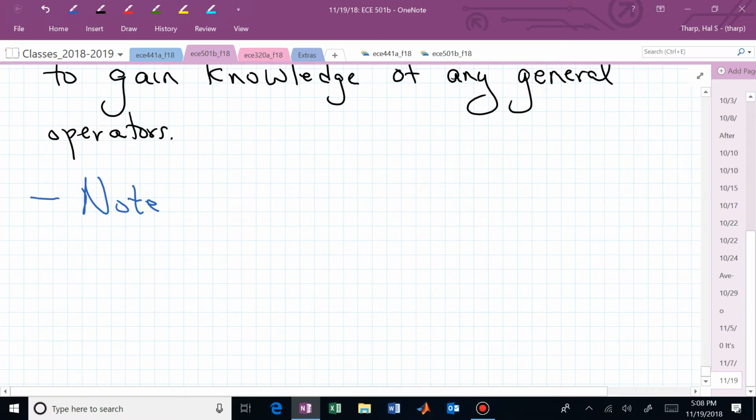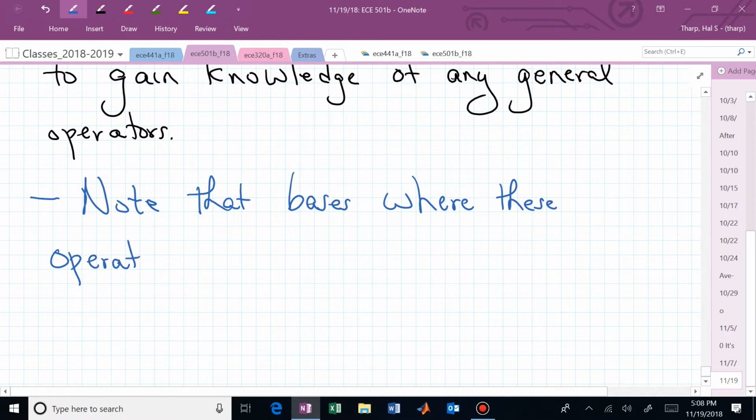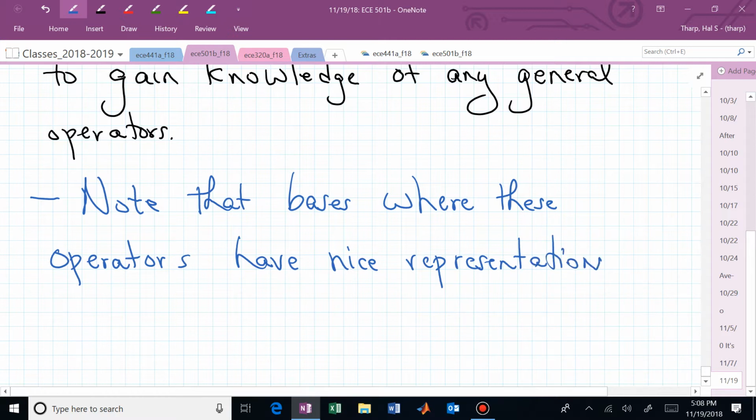So note that bases where these operators have nice representations, or where they might be diagonalizable, may not be the same.